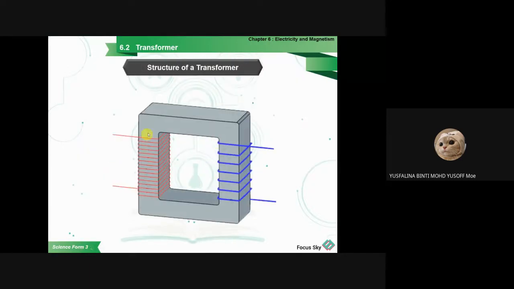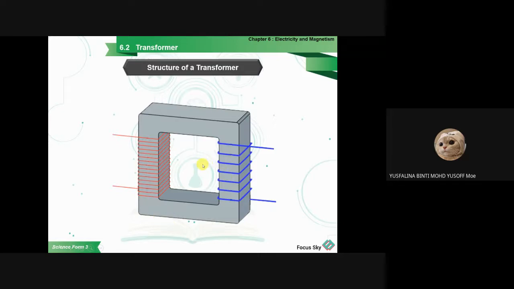So now you already know there is a magnetic field produced here, and it's a varying magnetic field, because it keeps changing direction. It will flow to the secondary coil through the soft iron core here. This one you see, the box shape, is actually a soft iron core, and it's easy to magnetize because it is a metal.